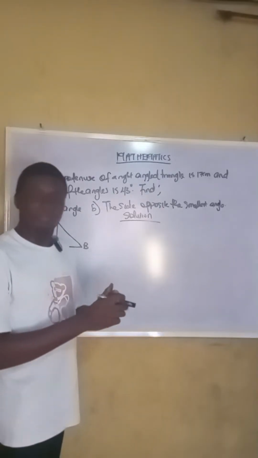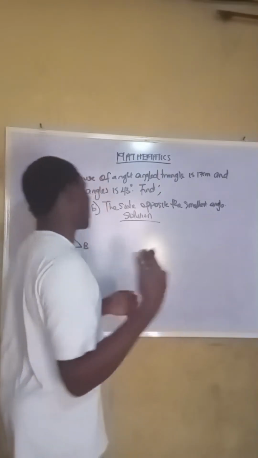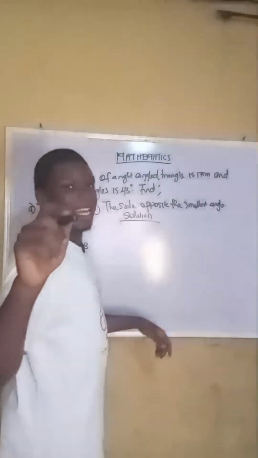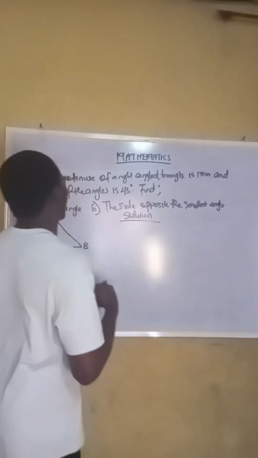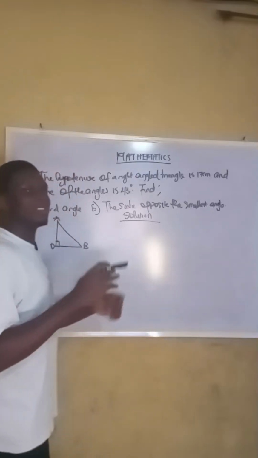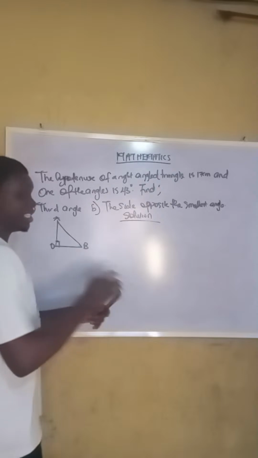Just stick with me and follow along, and anywhere you don't understand, you can ask me. For clarity's sake, the hypotenuse of a right angle triangle is the longest side.